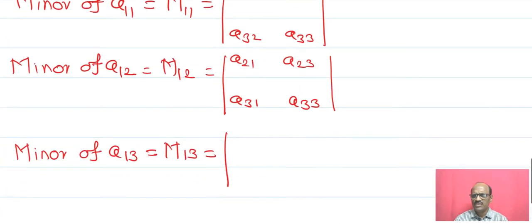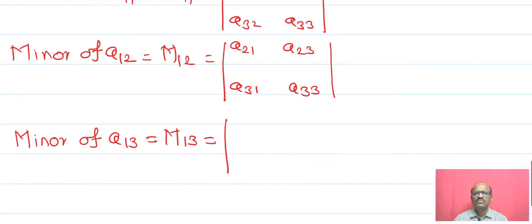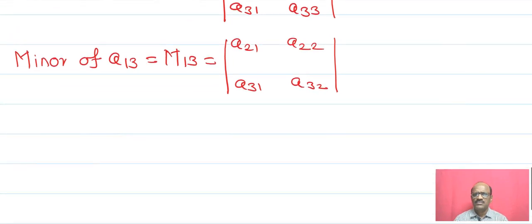A21, A22, A31, A32. These are the elements. Very easy chapter, the determinant. If you have good practice, then you can score in this chapter. These are the minors of the first row.